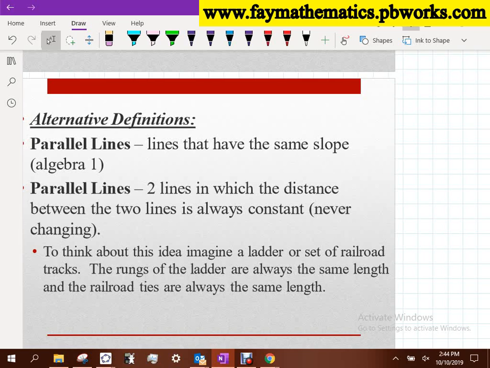The word constant means never changes, right? So two lines in which the distance between them never changes. Think about a railroad, think about the rungs on a ladder, think about the grid on the drop ceiling above us.